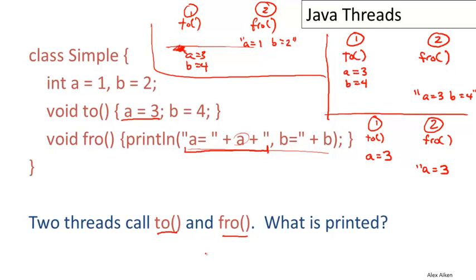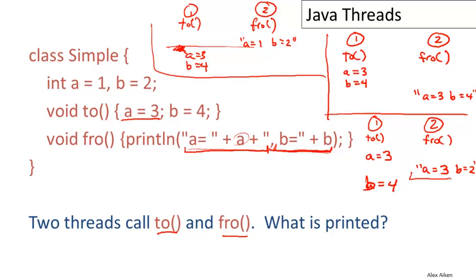And then let's say that fro actually goes ahead and gets to run some more, and it also goes ahead and prints out the rest of this. So it actually does the second read of b. Then it will print b is equal to 2. And then thread 1 will run the rest of the way through, b is equal to 4.